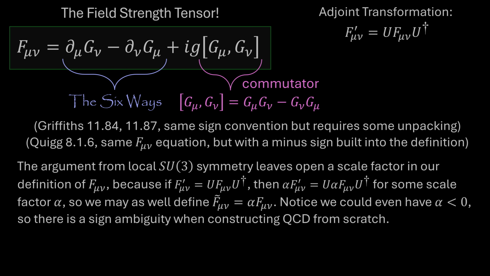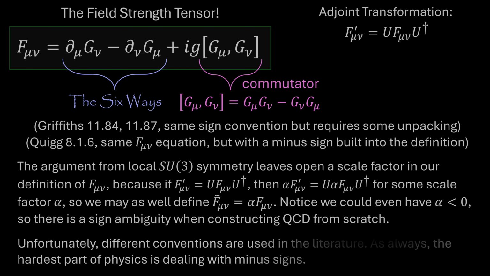Okay, but unfortunately there is still an ambiguity relating to the sign of how we define F mu nu. And in fact, different authors use different conventions. So the way we're writing it here aligns with the convention used by Griffiths, and also the convention we used in the electromagnetism video.